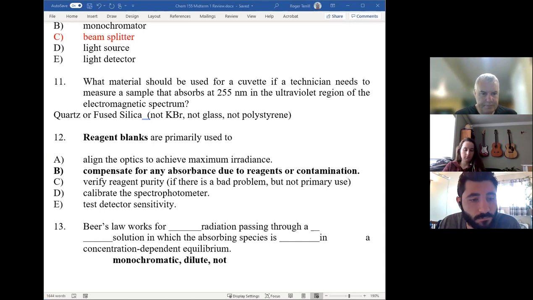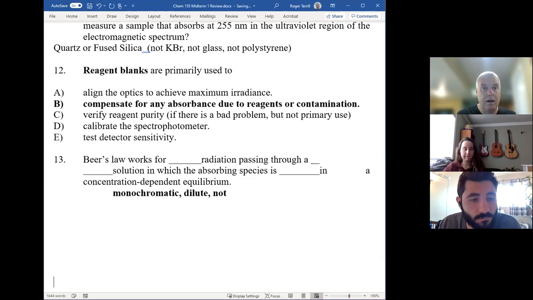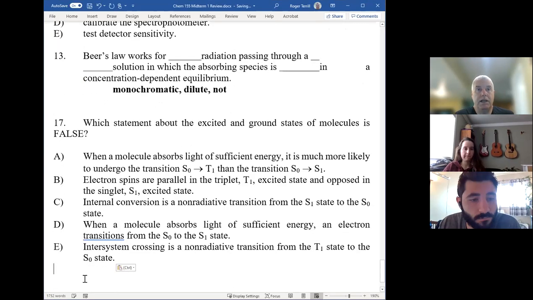Okay. Let's do some descriptive photophysics here. Which statement about the excited and ground state of molecules is false?